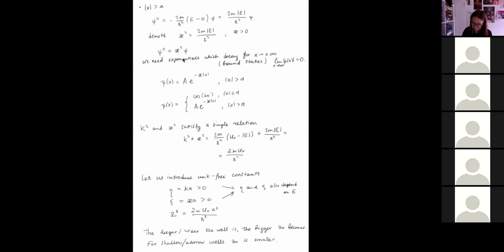And k squared plus kappa squared we already derived here, which is 2m U0 over h bar squared. So, times a squared, this is equal to Z0 squared. Okay, perfect. Fine. So let us keep in mind that eta squared plus psi squared equals Z0 squared.